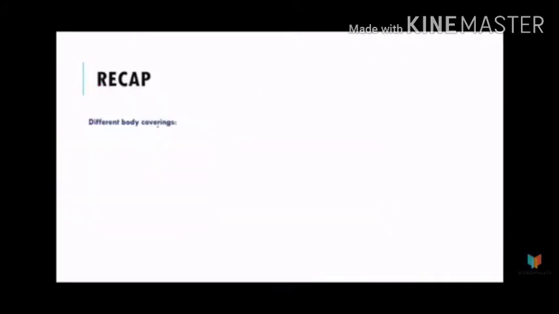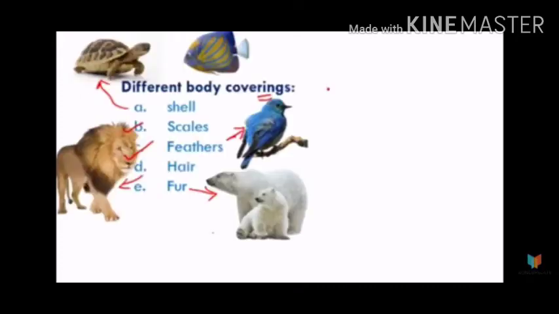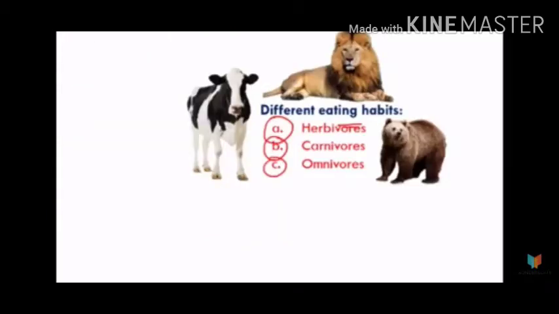Let's do a very quick recap of what we covered. First, we looked at different body coverings. In that, we learned shell, scales, feathers, hair, and fur. See this example and revise this once again. Then we looked at different eating habits.